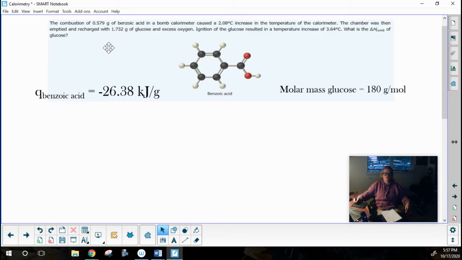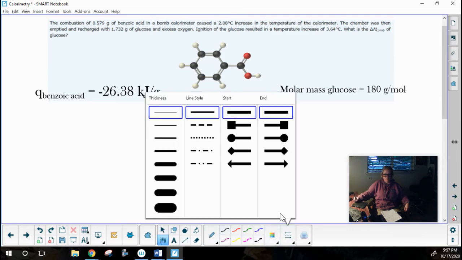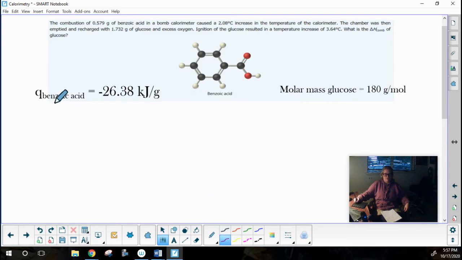So first and foremost, I want to figure out how much heat was released from our sample of benzoic acid. I've got 0.579 grams of my benzoic acid.